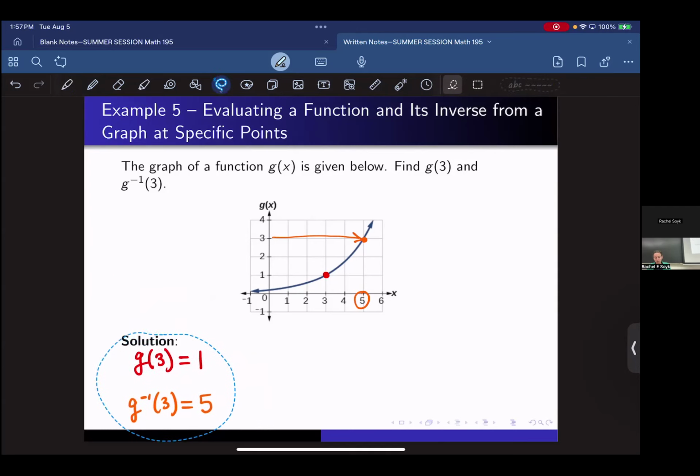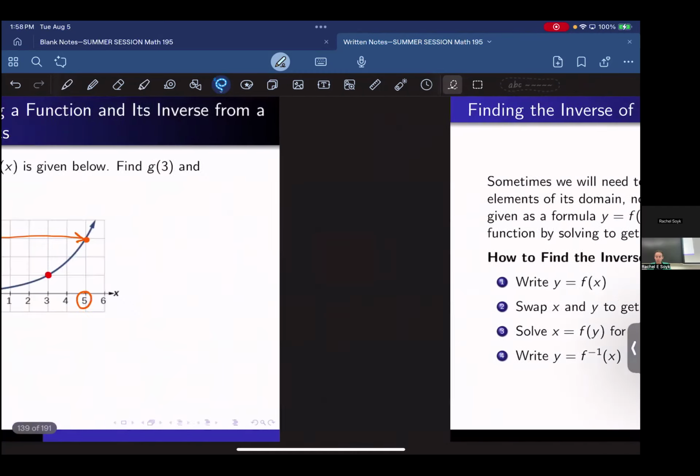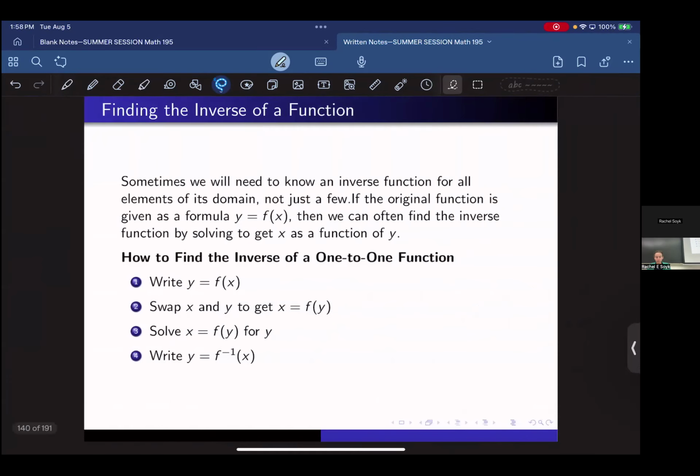Put this down here under solution. And then this is kind of what I wrote out before when we had to find the inverse of that previous function. But this is the step-by-step procedure in finding inverses of one-to-one functions.